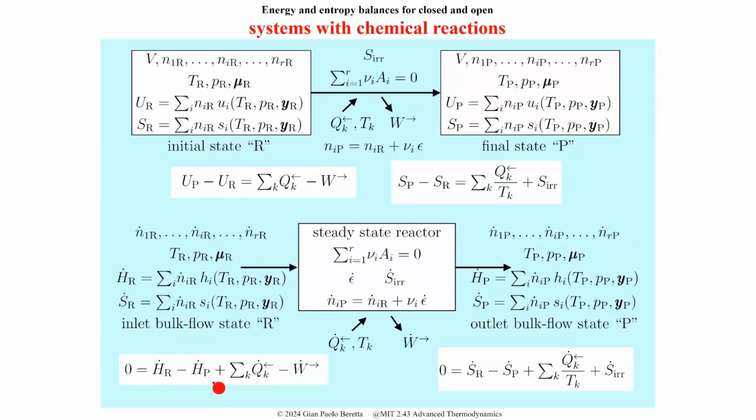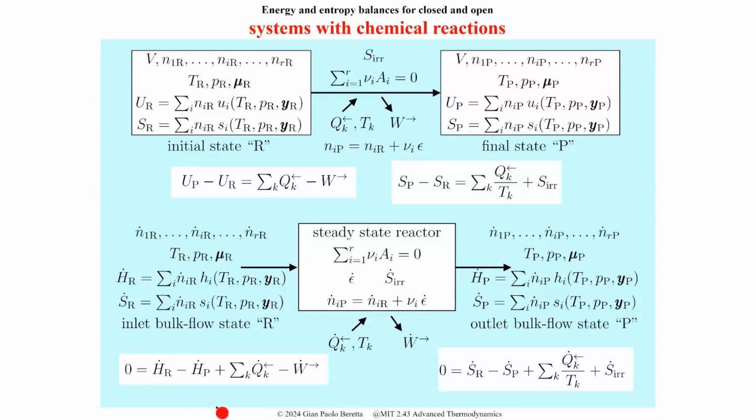The energy balance equation for a steady state says that the rate of change of the energy is 0 because it's steady state, and therefore the rate at which the energies are exchanged in and out must balance to 0.